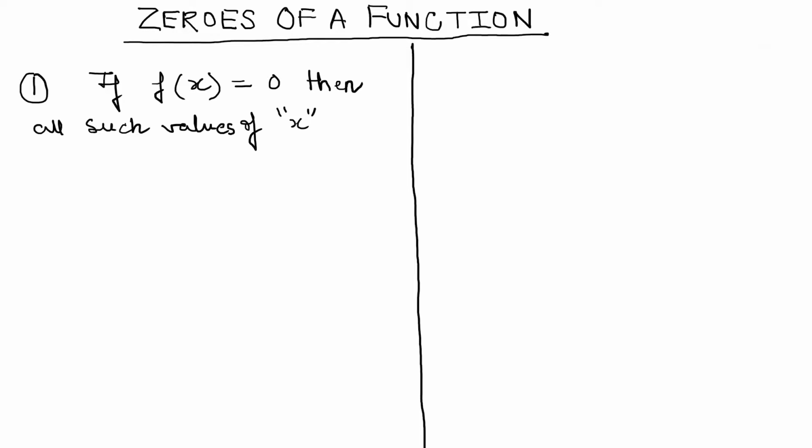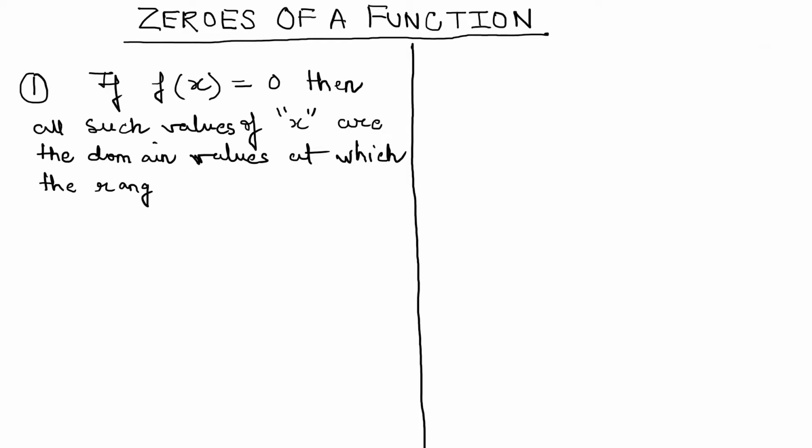All such values of x are the domain values at which the range is 0, or the range value. The range value here refers to y or f(x) is 0.